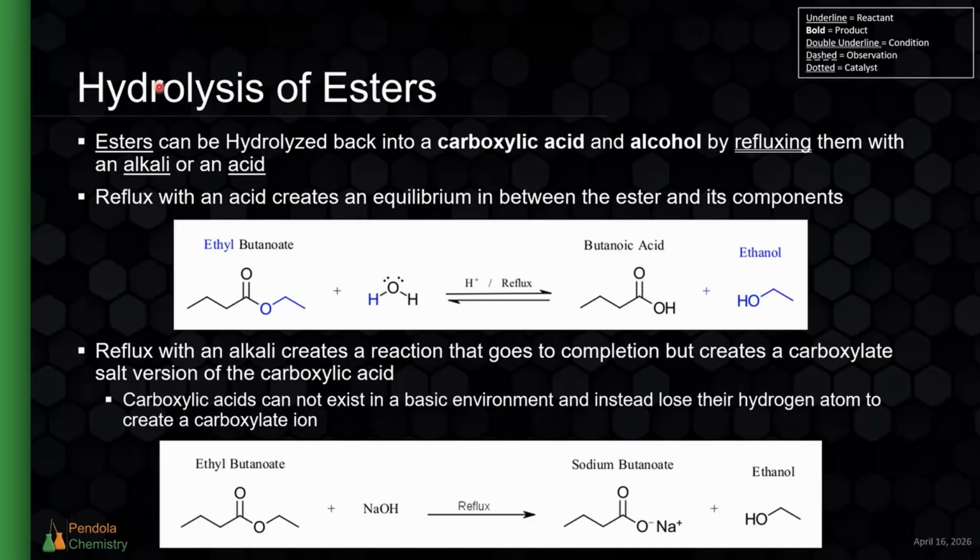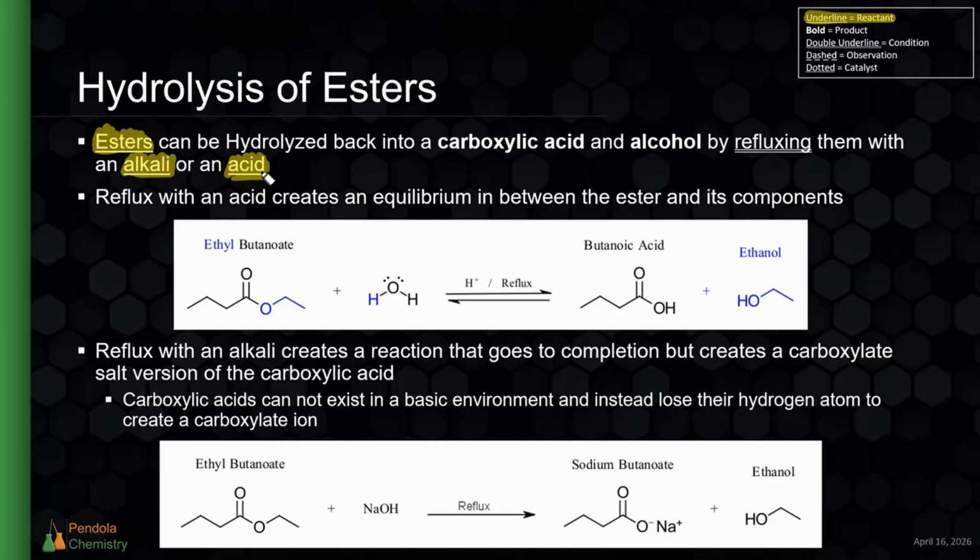So, hydrolysis of an ester requires that an ester, which is going to be our reactant, breaks apart by exposure to water through either the use of an acid or a base, or an acid or an alkali.